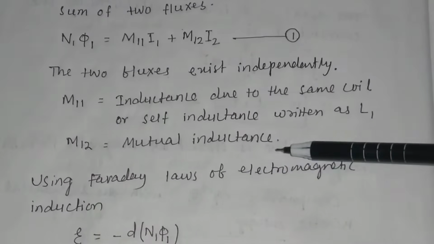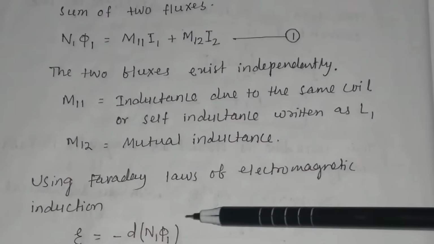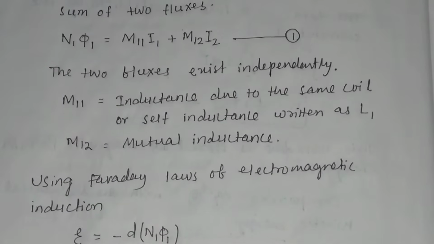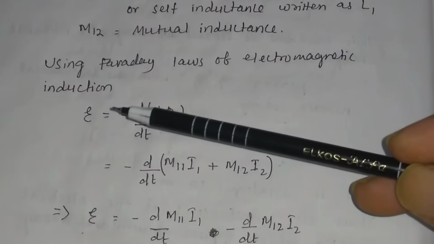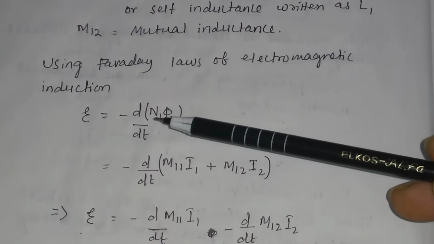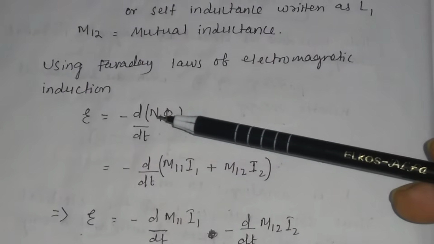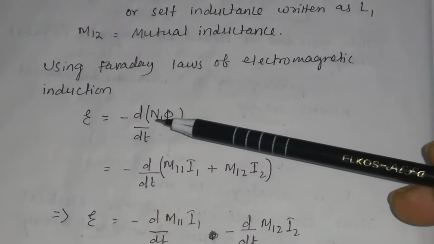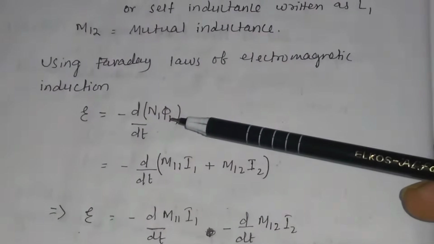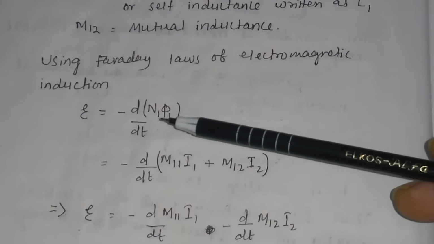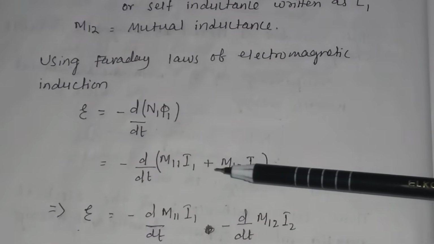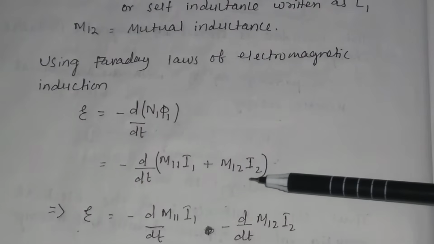So using Faraday's law of electromagnetic induction, we will get the induced EMF is equal to the negative of the rate of change of flux. So E is equal to minus the derivative of the total flux with respect to t. The total flux is equal to M11 I1 plus M12 I2.